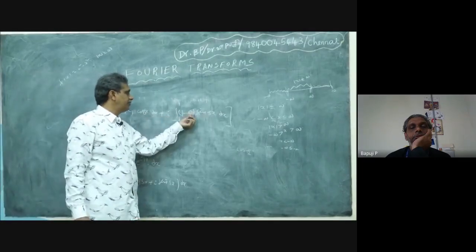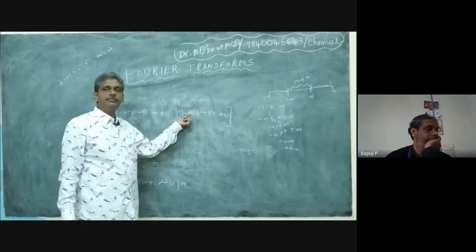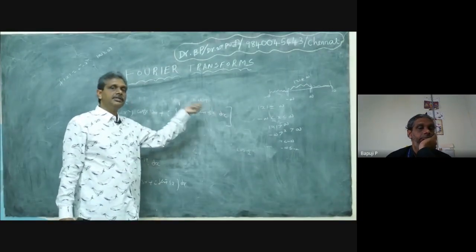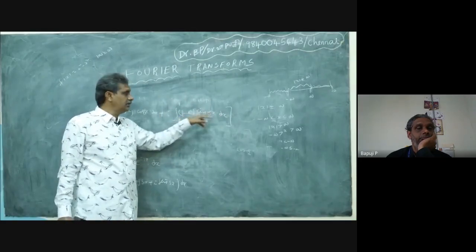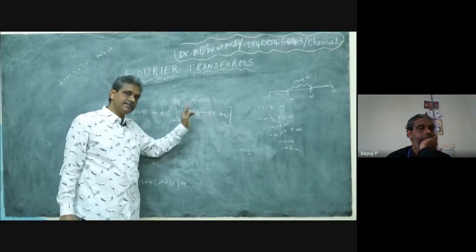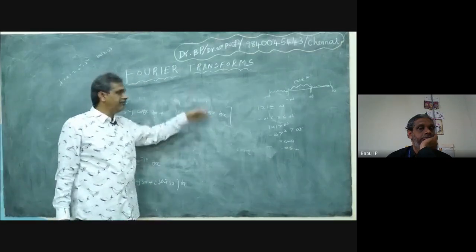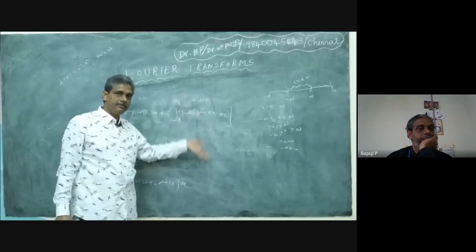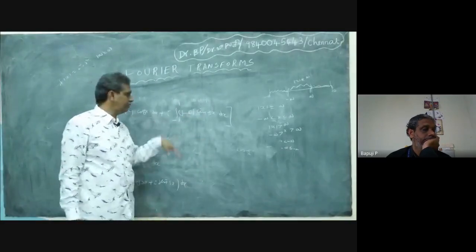Change x by minus x; if there is no change, you can say even function. If it becomes minus f of x, you can say this is an odd function. Here 1 minus x square has no change, but sin of minus sx is minus, so the whole function becomes odd. So this vanishes, and this one alone stands. See how nicely I am arriving.